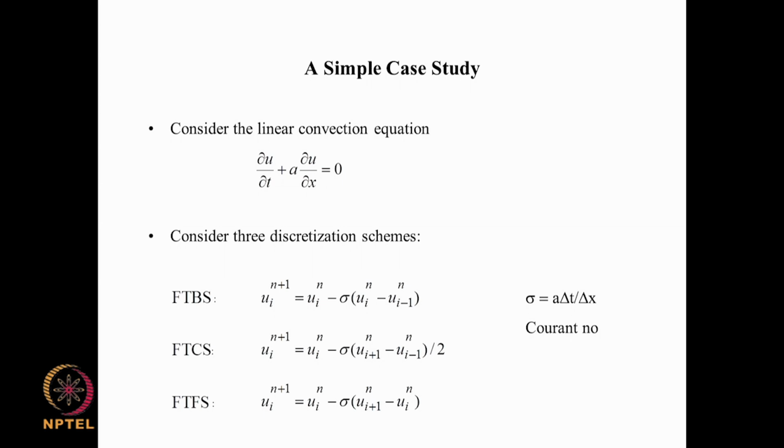So, we look at concepts like consistency, stability, convergence, boundedness, all these concepts that have been brought into play here in order to come out with a discretization scheme which we can confidently say will give us an okay type of solution.